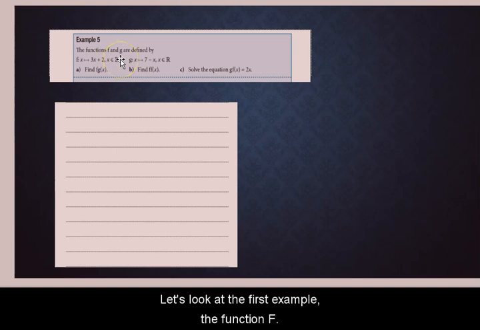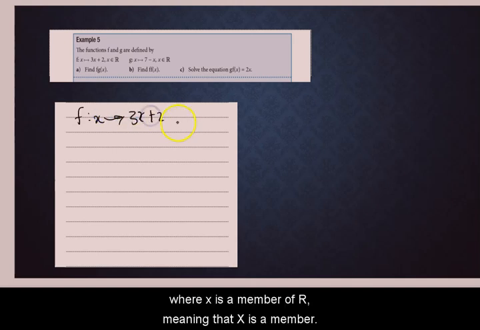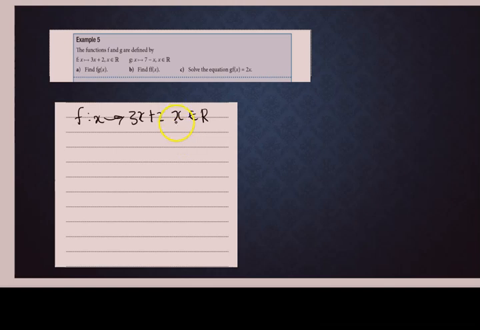Let's look at the first example. The functions f and g are defined as follows. We have f as a function that maps x to 3x plus 2, where x is a member of R, meaning that they are all real numbers.